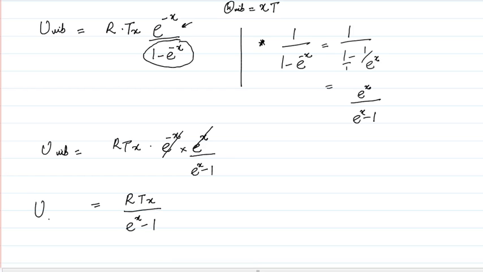That means this will be our vibrational internal energy. Or we can put the value of x equal to theta upon T back, so we will get RT, and in place of this we can write theta vibration upon T whole divided by e raised power theta vibration upon T minus 1.